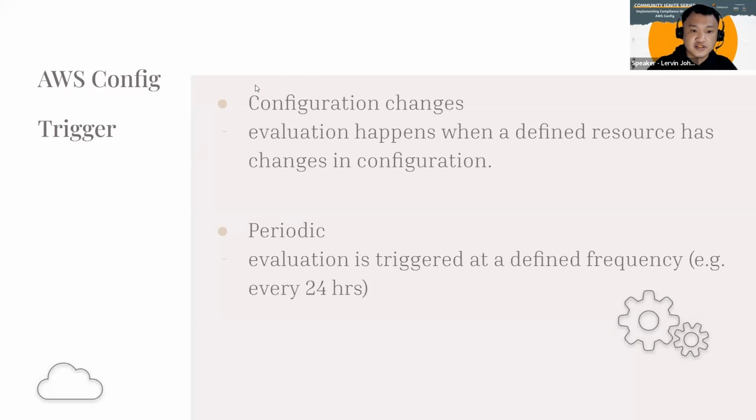So if configuration changes is selected as trigger, every time there is a change on the configuration of the AWS resources, doon magkakaroon ng evaluation against the defined rules. On the other hand, periodic evaluation is triggered at a defined frequency, let's say, for example, every 24 hours. This is commonly used for custom rules naman.